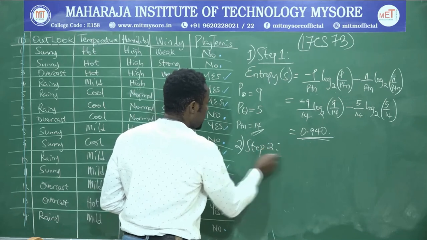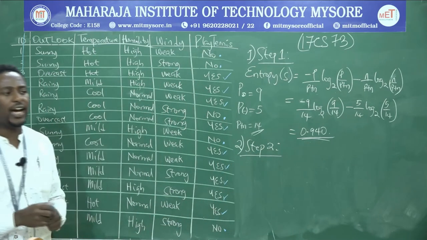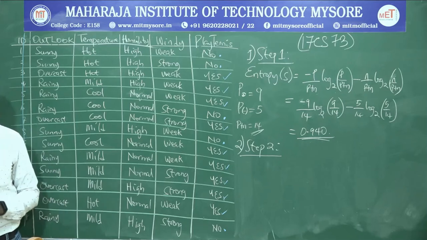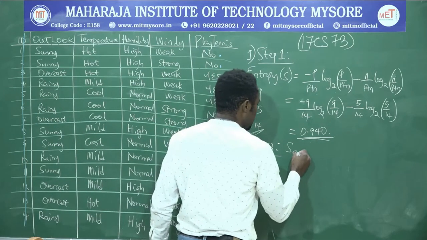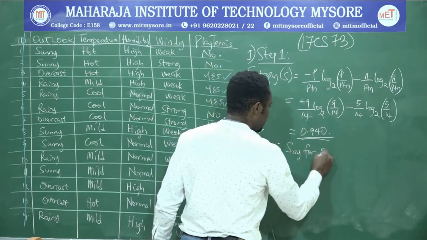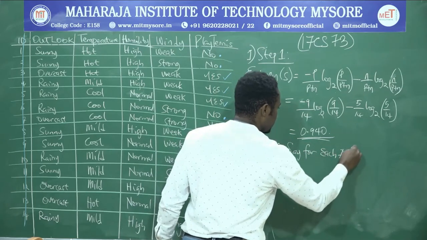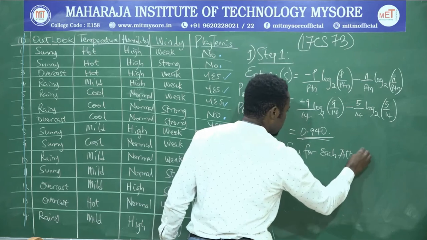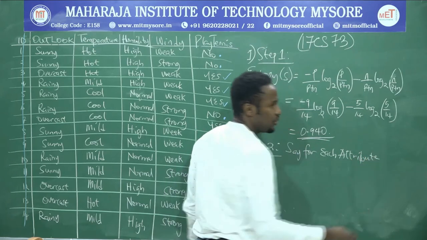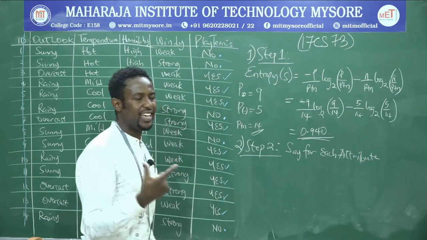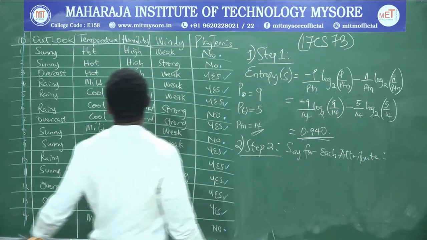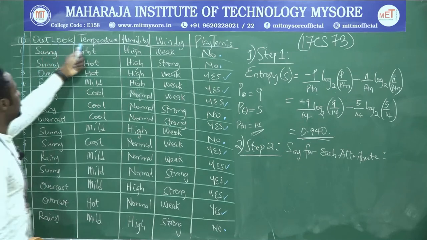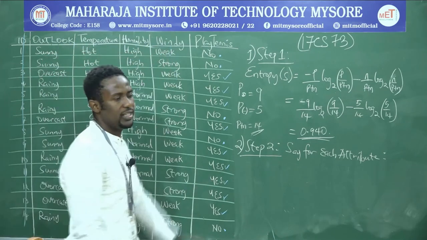In step 2 it says for each attribute. For each what? Attribute. So what do you think we want to compute? You guessed it right. We want to compute the entropy of A. What are the attributes here? Outlook, temperature, humidity, windy.